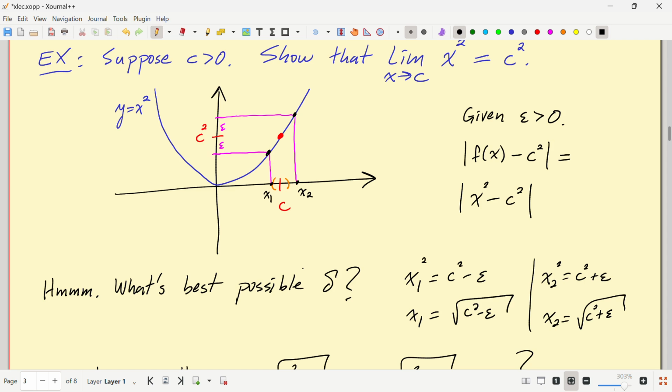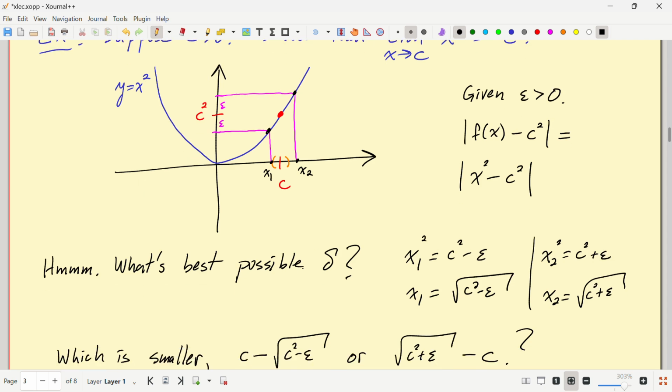And in fact, if you start trying to think about what the best thing to pick would be, you realize you're thinking too hard. And so I would pick c over 2. I call it the c over 2 trick. If you did have to pick something, you might as well pick c over 2. Then x is sliding in there, so x could never get bigger than 3c over 2.